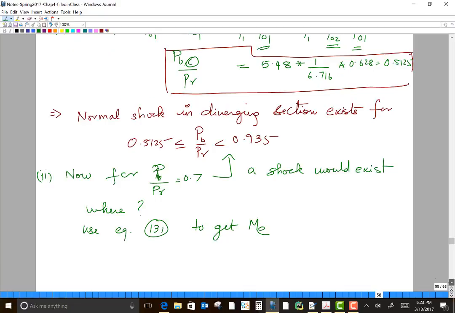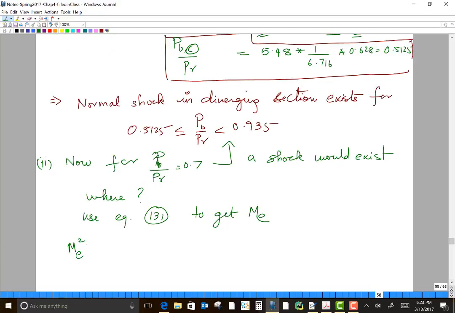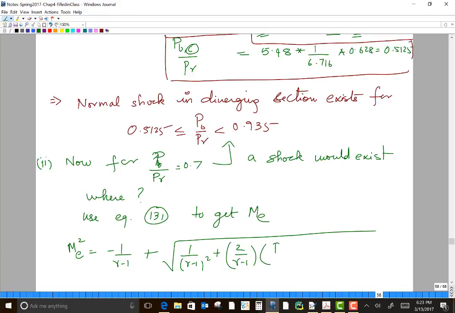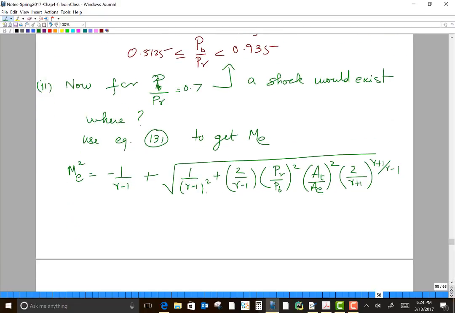So the equation is ME squared equals minus 1 by gamma minus 1 plus square root of 1 by gamma minus 1 squared plus this extra term: 2 by gamma minus 1 times PR by PB whole squared, AT by AE squared, 2 by gamma plus 1 raised to gamma plus 1 by gamma minus 1. You take this really crazy expression, plug in all the numbers, and you get ME equals 0.4067.